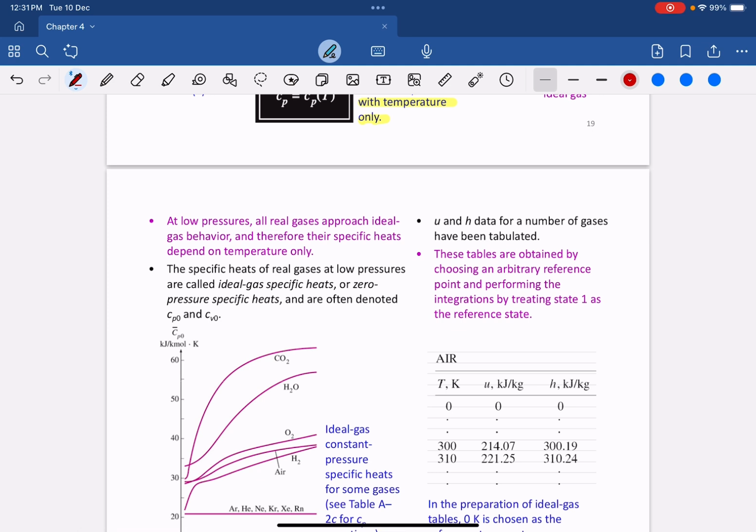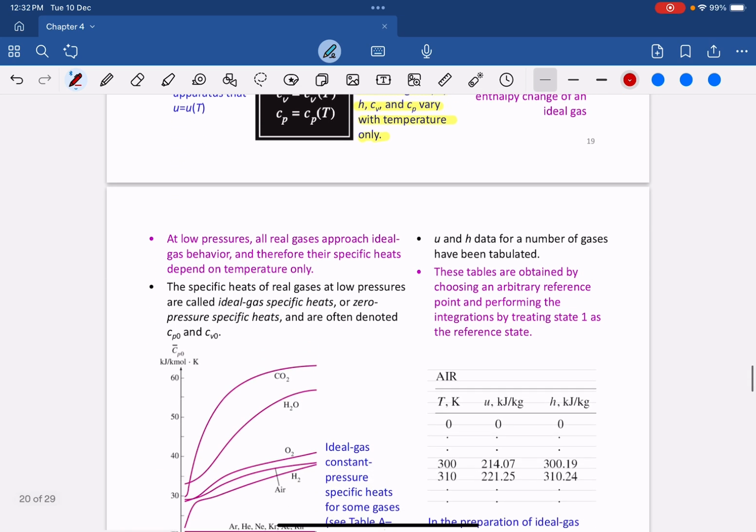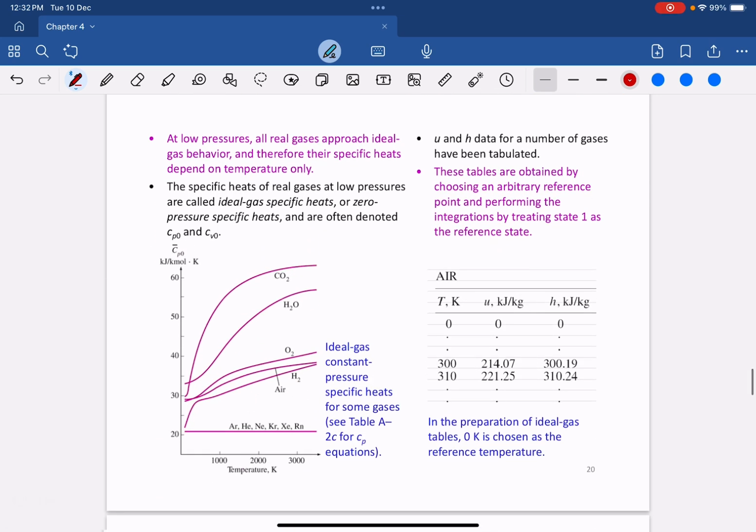Therefore, we can use the relations for internal energy and enthalpy just now, so this equation can also be used for real gases under one condition, that the pressure is low.